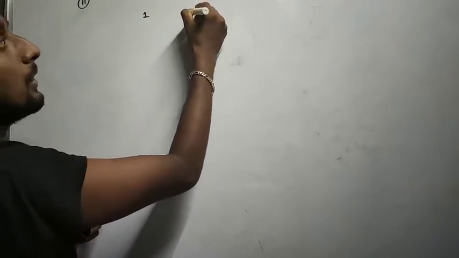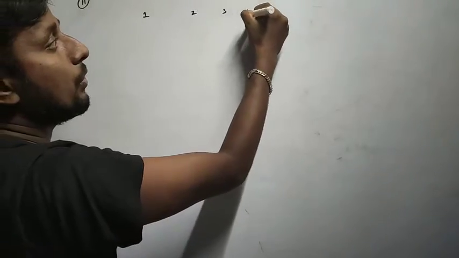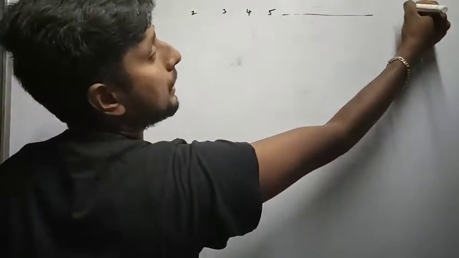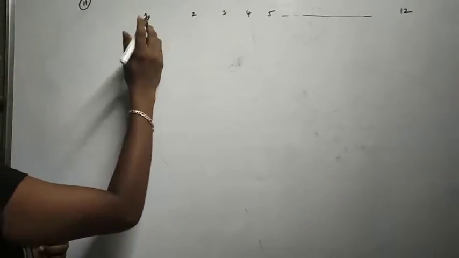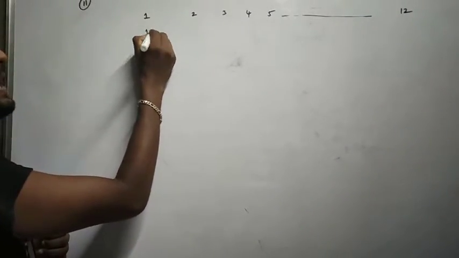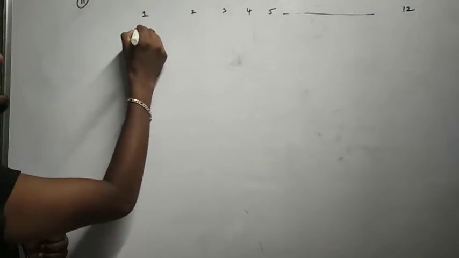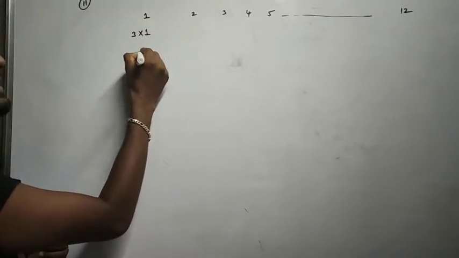Okay. So class 1, class 2, class 3, 4, 5, and so on, class 12. Now tell me, class 1 students plant only one tree, but they have 3 sections. So 3 ones are 3.